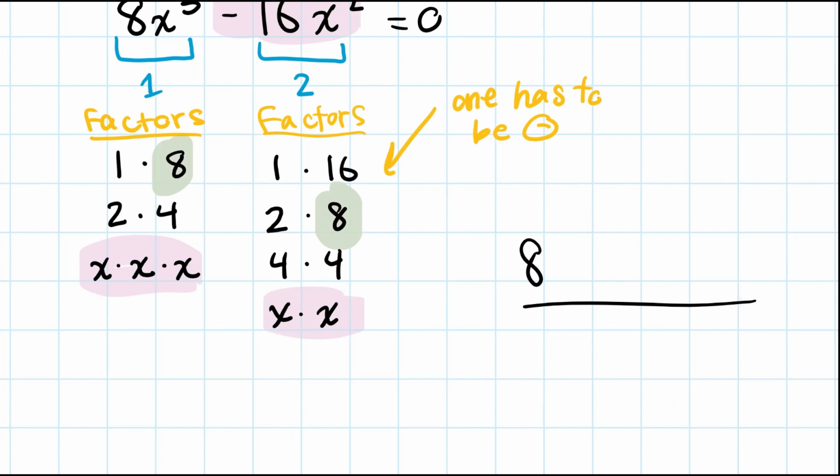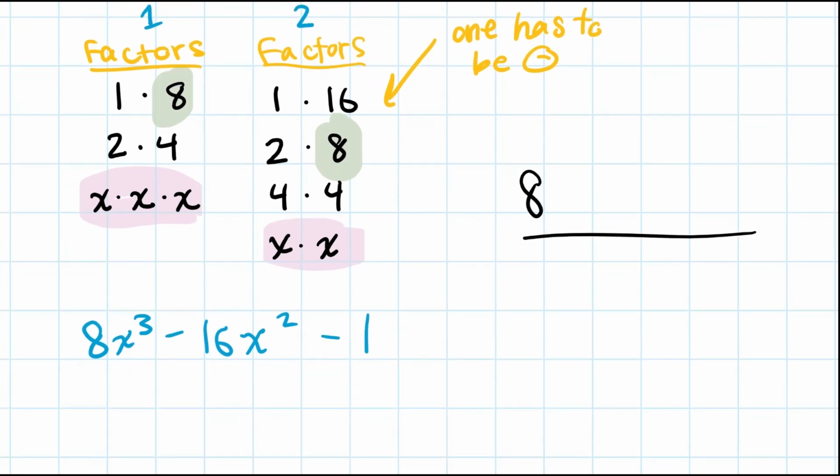However, if I gave you an equation that had an extra constant added, for example, 18, you would not be able to take an x out, right? Because all of your terms do not have an x. They all have to have an x in order to put an x outside of your bracket, okay?